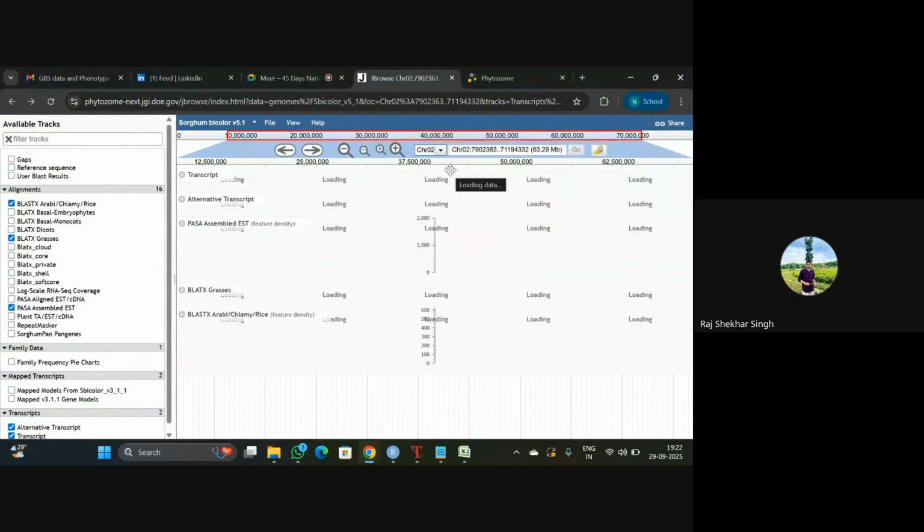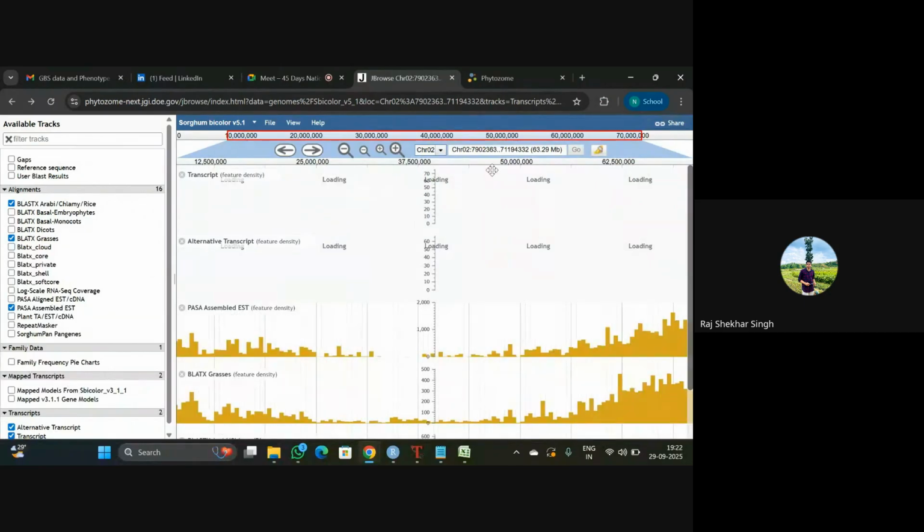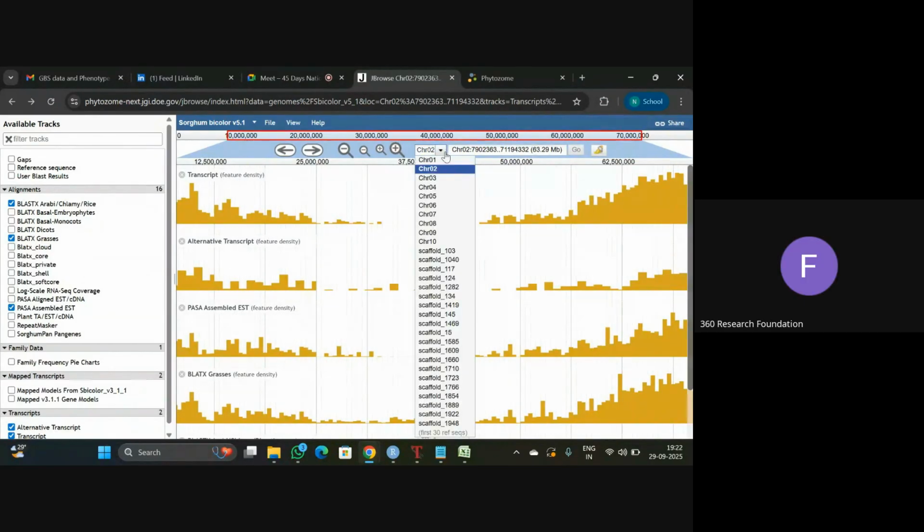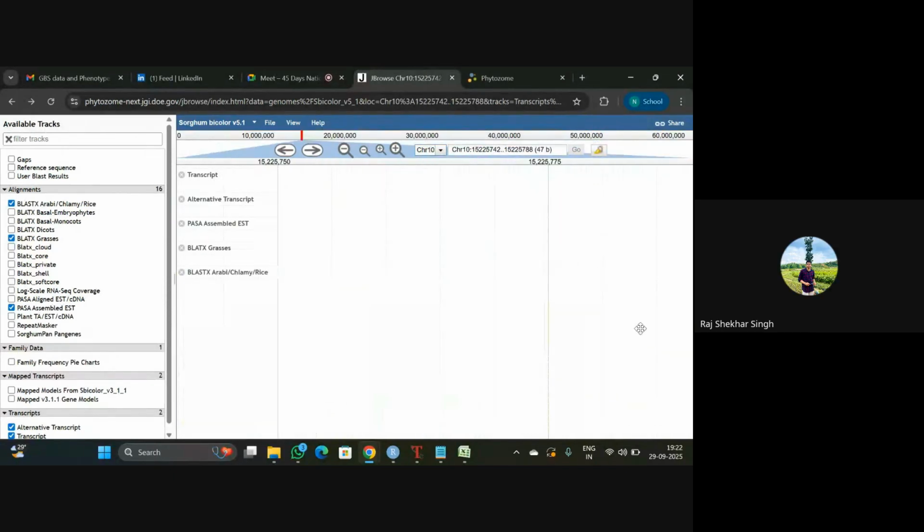For chromosome 10, it's coming, sir. The gene is coming after zooming out. Check the position, maybe it is beside that position.